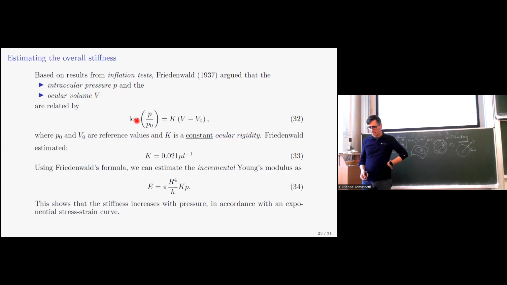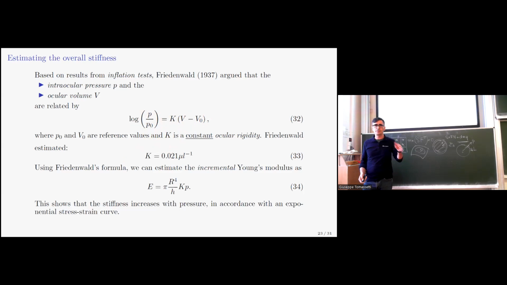And he found that no matter what the pressure and the volume were, the relation between the internal pressure of the eye and its internal volume was very well described by this empirical law, where K could be taken to be a constant. This is not guaranteed. But somehow he found this result. And he made an estimate.